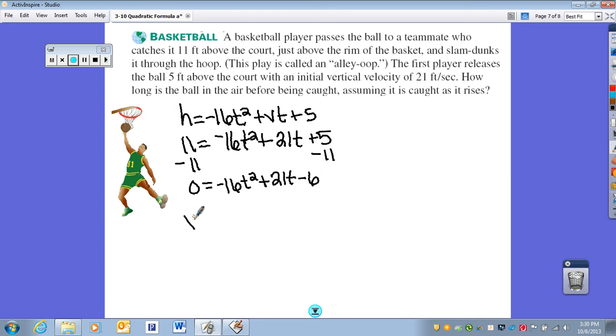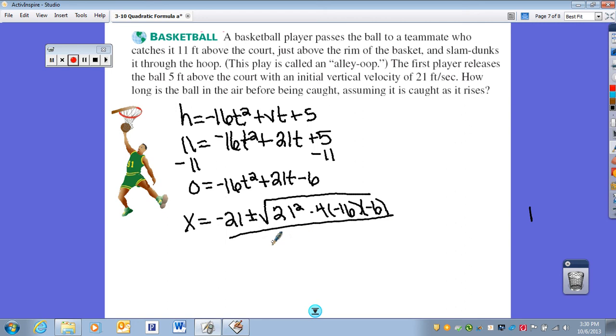So filling in the quadratic formula, we have x equals negative b, which is negative 21, plus or minus the square root of b squared, 21 squared, minus 4 times a, which is negative 16, times c, which is negative 6, all over 2 times a, which is negative 16.